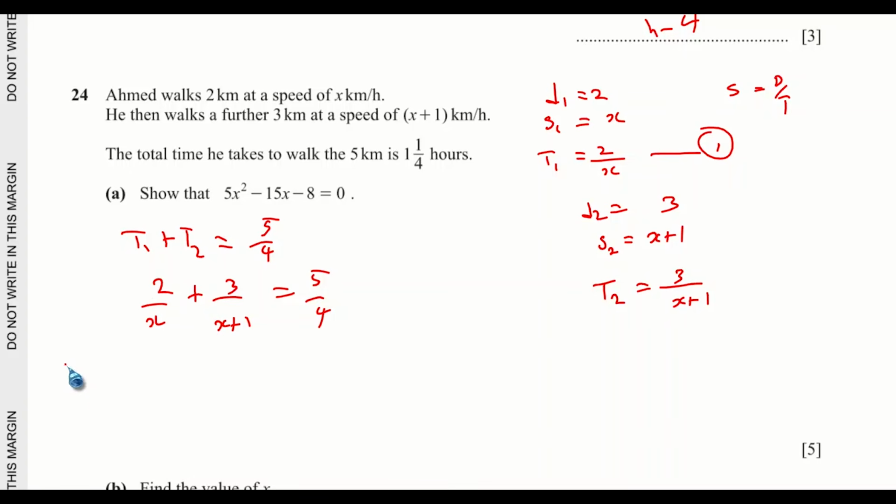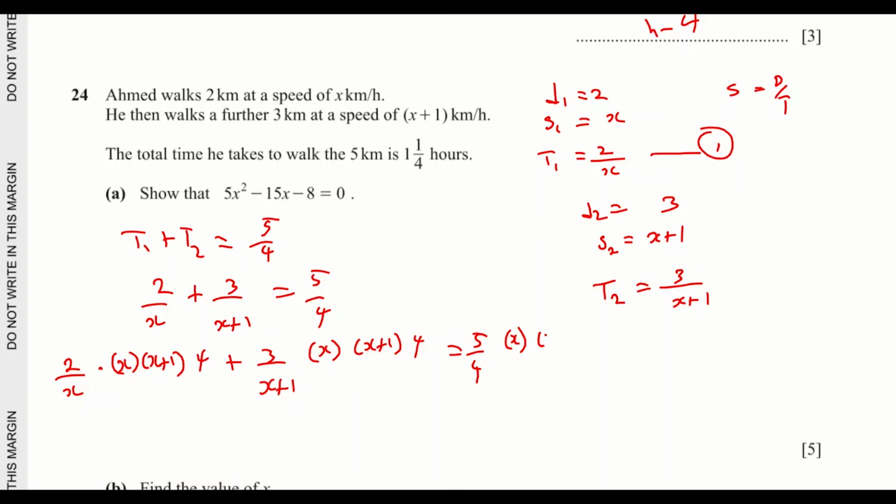It will be 2 over x multiplied by x multiplied by x plus 1 multiplied by 4. That is the LCM of x, x plus 1 and 4. So the same thing plus 3 over x plus 1 multiplied by x multiplied by x plus 1 multiplied by 4, is equal to 5 over 4 multiplied by x multiplied by x plus 1 multiplied by 4.